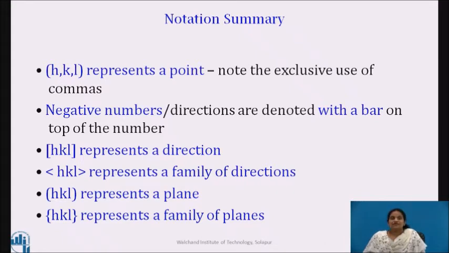Then if HKL are written in square bracket without any commas, then it shows the direction. Then HKL written in angle bracket without any commas represents a family of directions. Then HKL in parenthesis represents a plane. Then HKL written in curly bracket represents the family of planes.